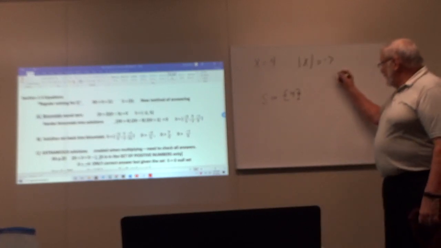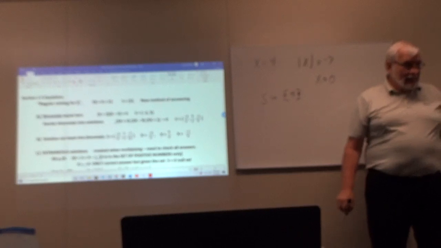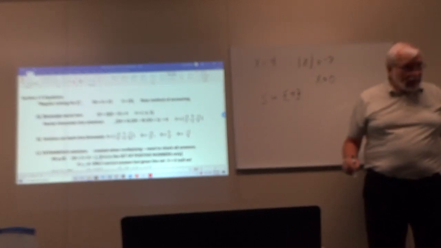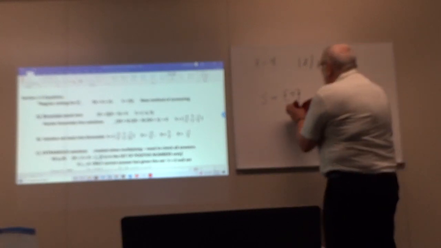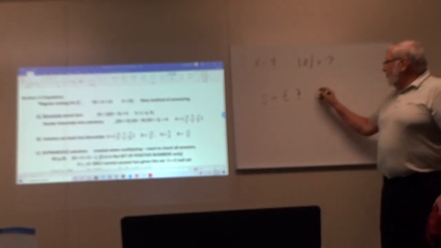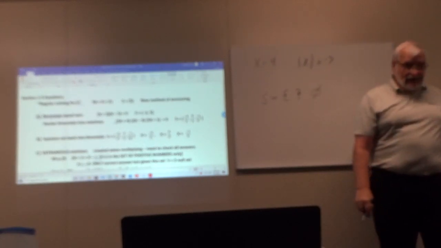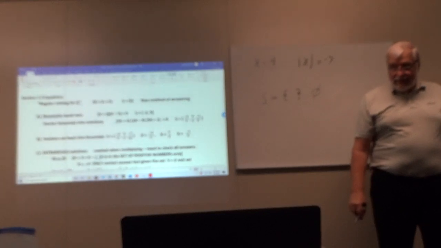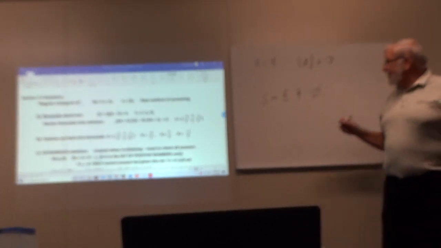So do I say x equals 0? No, because 0 is a number. What happens when there are no values inside here? You write the null set, which is a 0 with a slash line through it. Now this next part is very important.